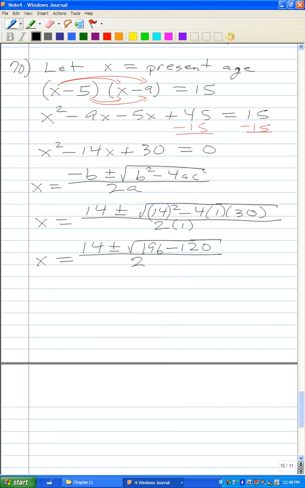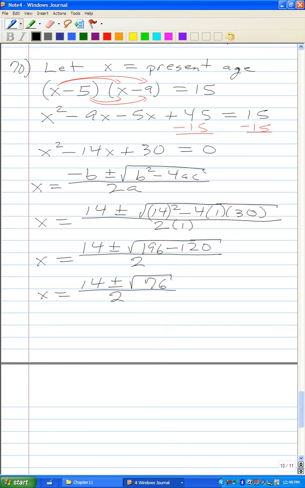And so x is equal to 14 plus or minus the square root of 76 over 2.